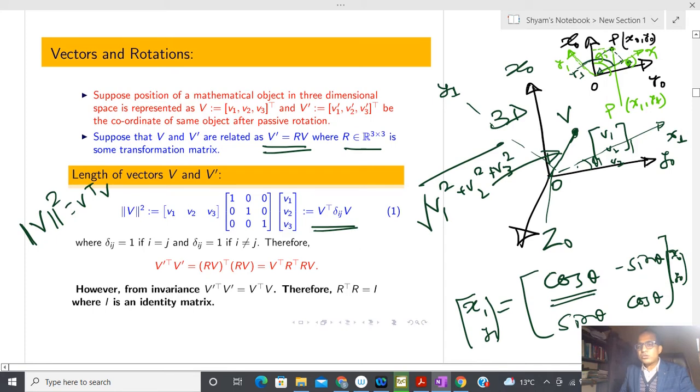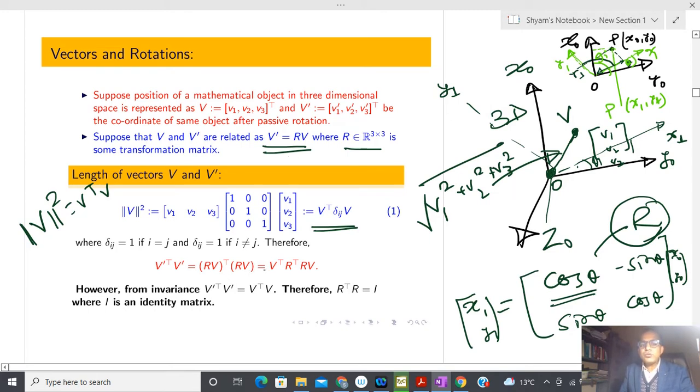I have done the calculation for the second-order, two-dimensional case, and I found that some matrix comes into the picture. Now I am going to guess the form of this matrix for any order: 3 dimensions, 4 dimensions, n dimensions, I don't know. I have rotated the coordinate frame with respect to some fixed axis, and I am going to substitute from here.